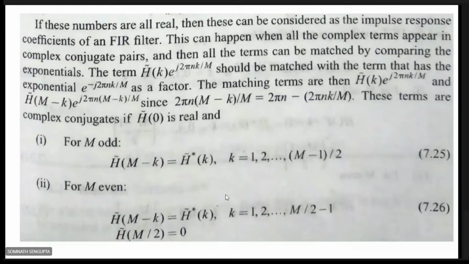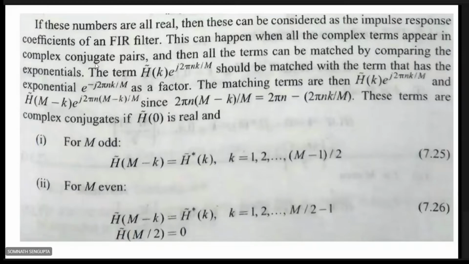You see that this can happen when, in order to be real, the coefficients, this can happen when all the complex terms appear in complex conjugate pairs.